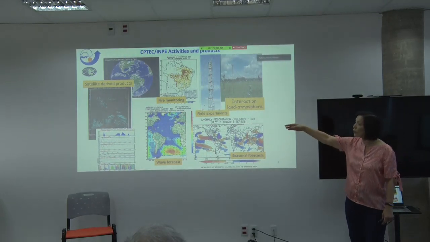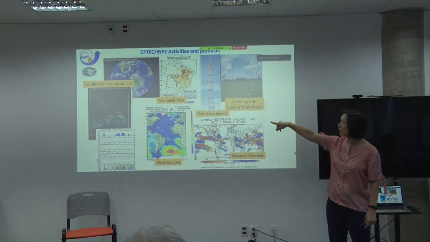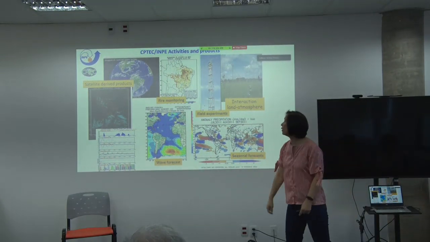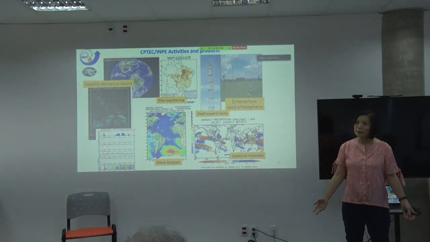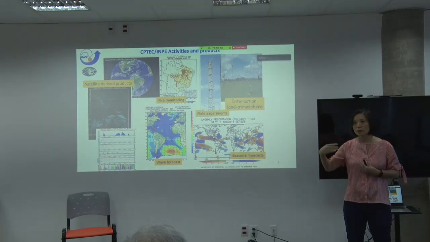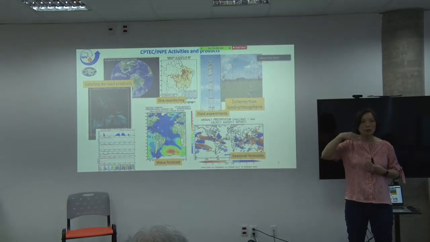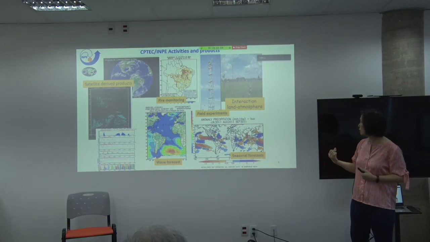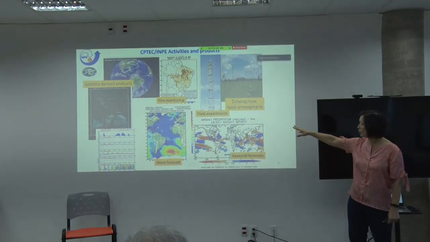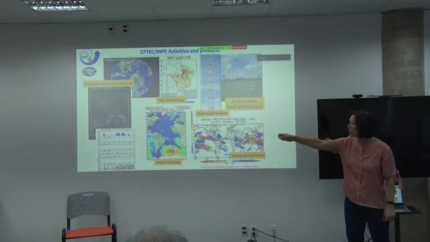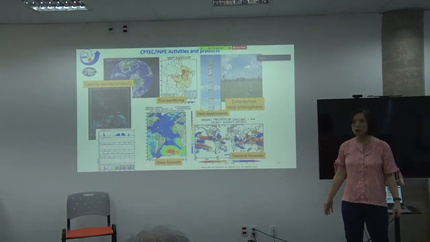There are other variables you can extract from satellite, like wind. And there is a lot of activity on numerical model development for weather forecasts and climate projections. There are projects on seasonal forecasts, waves, and different outputs of these forecasts.